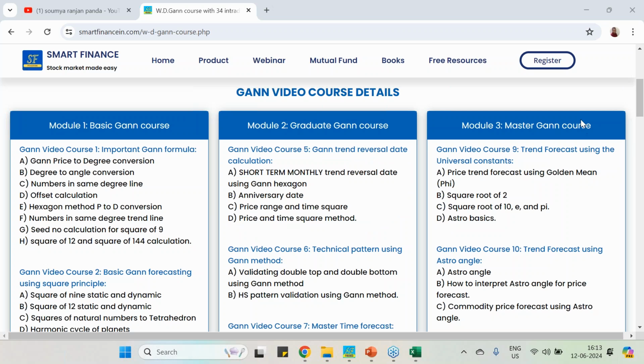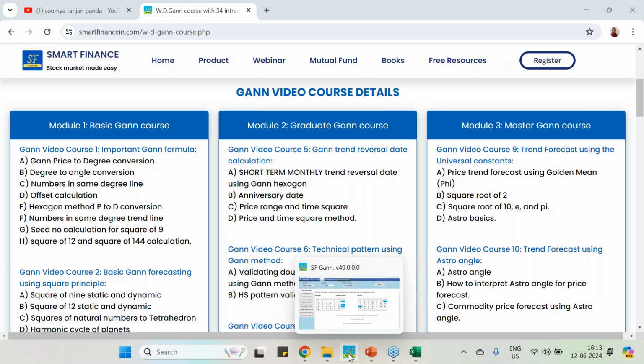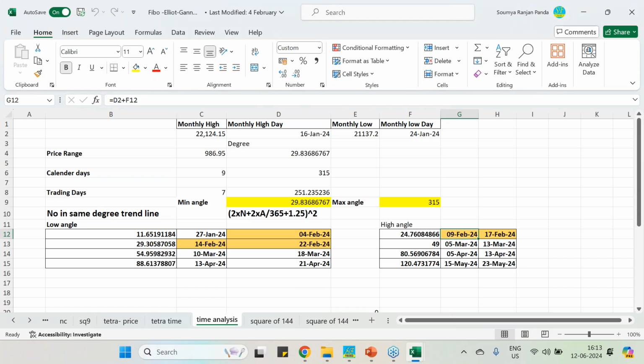So what happens here? There should be a previous price action. One previous month, one high will be there, low will be there. Many things would have happened in the last month, and all that data we took into the calculations. Like the previous month's high, low, which date the high was found, which date the low was found.